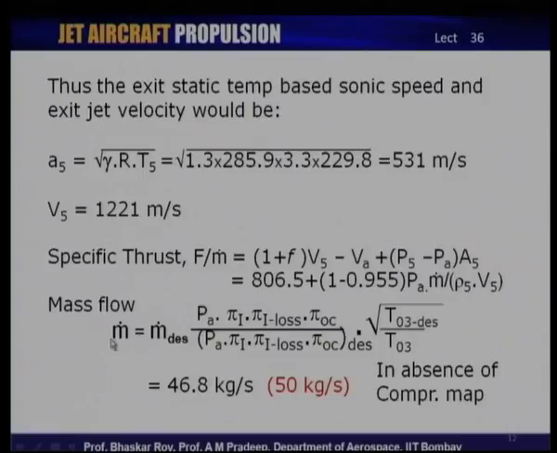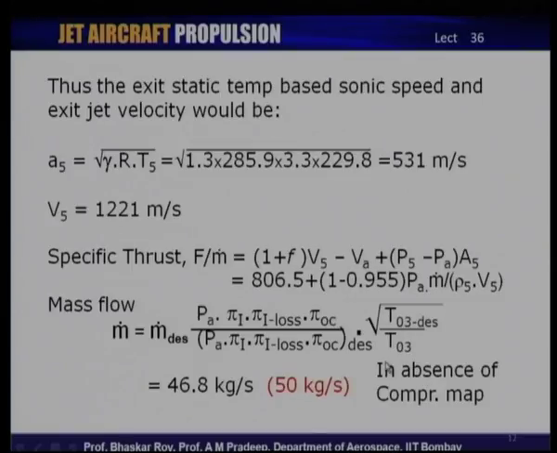The mass flow at off design can be related to the design mass flow by using first the design mass flow, and then the parameters that we have of the engine: the ambient condition, the intake pressure ratio, the intake pressure recovery, the compression ratio, the product of all of them compared to the product of all of them at the design point, and then a root over of T 03, which is the turbine entry temperature at the design point, and the same thing at the off design point.